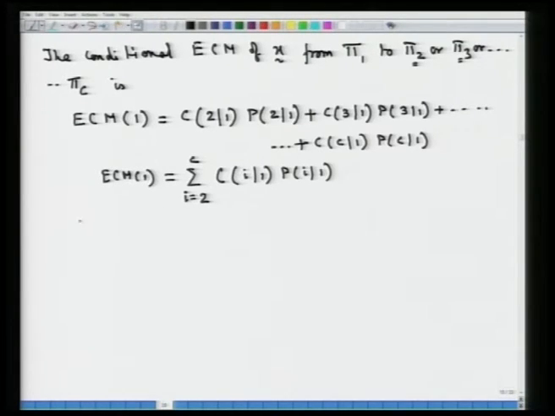Now, this ECM 1 is with a probability p1. The expected cost of misclassification ECM 1 is with probability p1, because that is the prior probability for the first population.